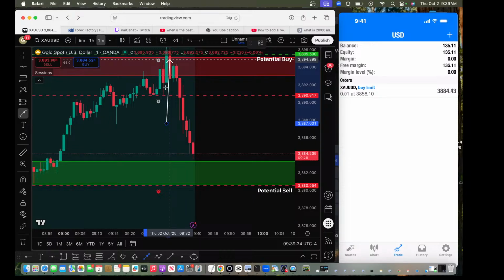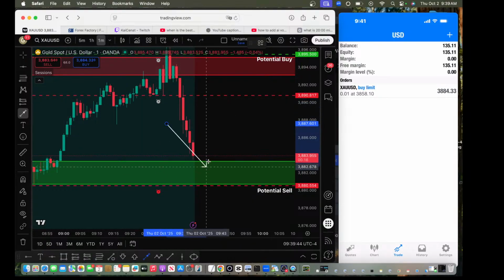If price breaks this area of structure, we can consider price moving down to the next zone, which is right here. That is a breakthrough. This candle right here is a breakthrough. A retest is when price comes back, touches this line, and then goes back down. So you could have gotten in here or here.